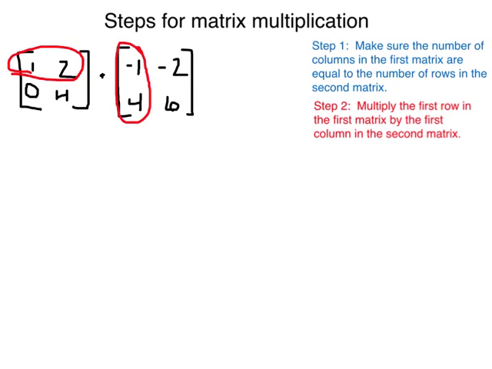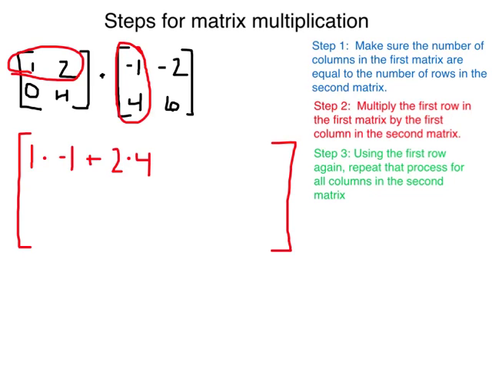So I've got 1 times negative 1 plus 2 times 4. That is going to be my first row, first column in my new matrix.